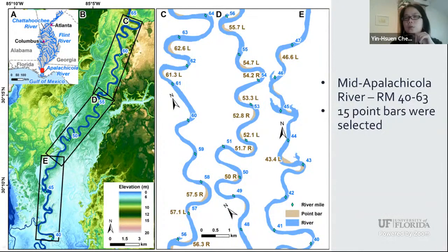There are 27 major sandbars in the study reach, but we only selected 15 point bars out of the 27, which I will explain later. Figures C, D, and E show where the sandbars are, marking only the selected point bars in brown.